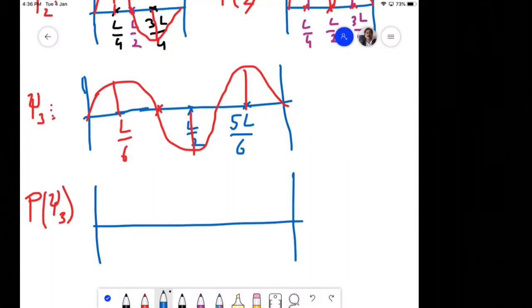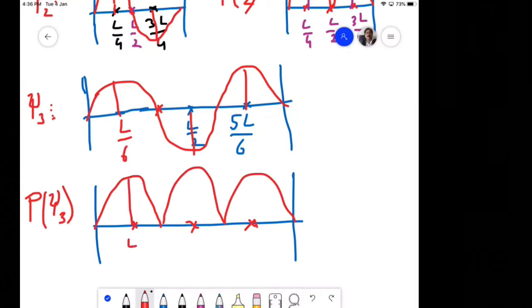Okay, got it? Yes, sir. So as we increase the number n, the probability will be increased and the wavelength will be decreasing.